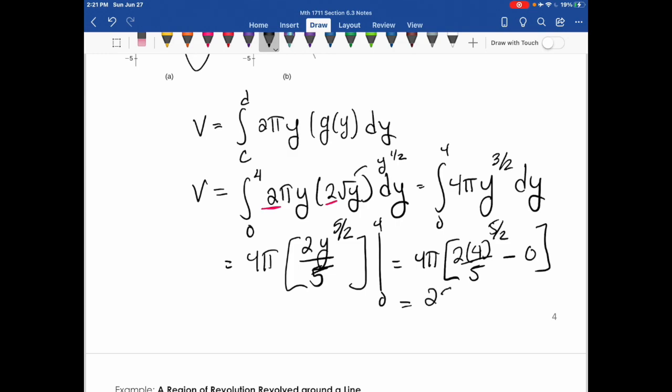When I plug in 0, I'm going to get 0. So when I work that out, I'm going to get 256 pi over 5. And of course, since that's volume, it's going to be units cubed.